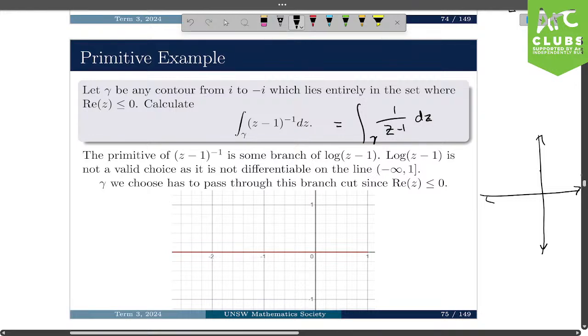So from here to here, and lies entirely in the set where the real component of z is smaller than or equal to 0, which means it's in the left half of the plane. So it's a contour that looks something like this.